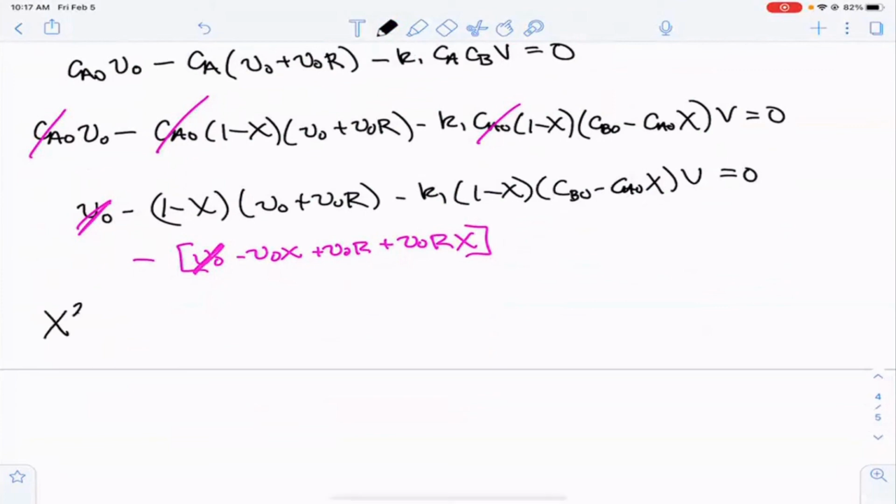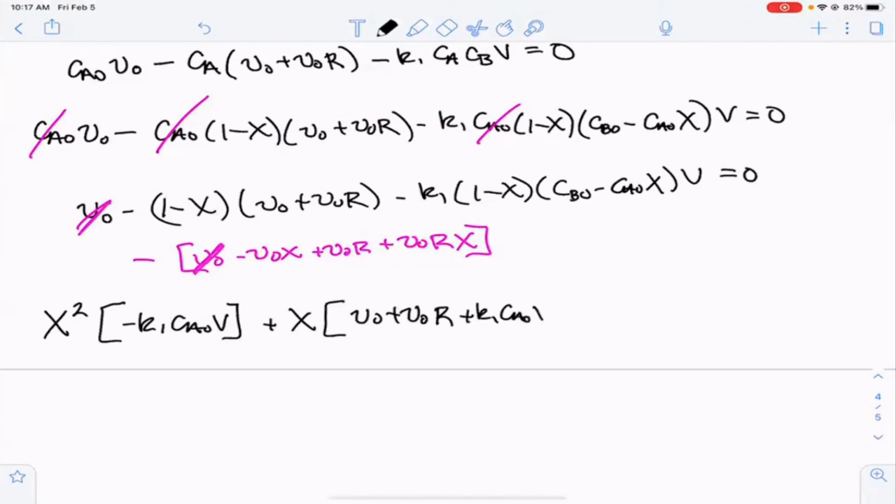And so we're going to get a functional form that is x squared times minus k1 Ca0 times the volume, plus x times V0 plus V0 times R plus K1 Ca0 V plus K1 Cb0 times V, plus negative V0R minus K1V times Cb0.